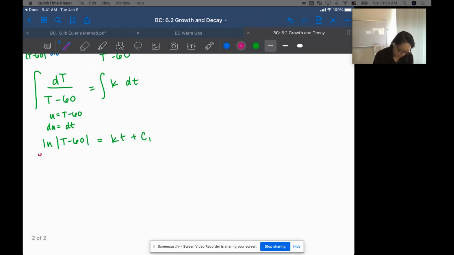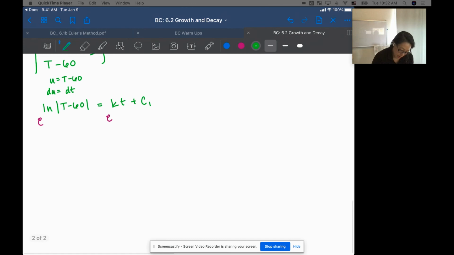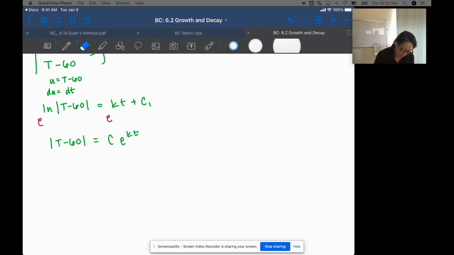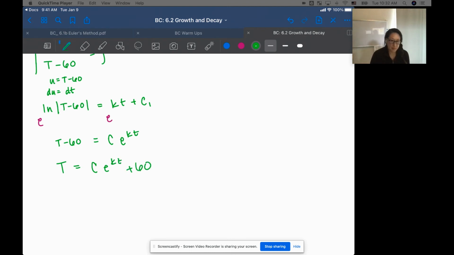All right, we're going to raise e to both sides, giving us the absolute value of T minus 60 is equal to, remember, e to the C1 is just C, times e to the kt, and we're going to absorb the absolute value signs in the C value. So I get T minus 60 is equal to C times e to the kt. Add 60 to both sides, so I get C times e to the k times time plus 60. All right, this is my equation.